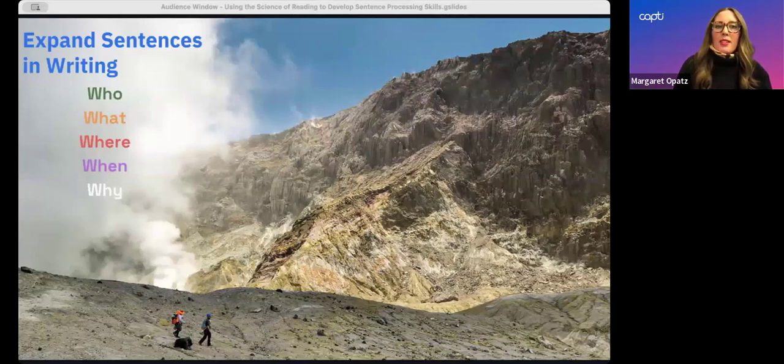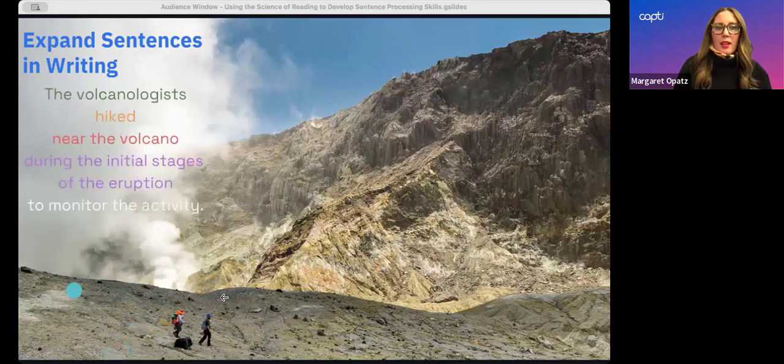So when we expand sentences, we can ask students to really think about who, what, where, when, and why. To do this, I have this picture here of volcanologists near a volcano.